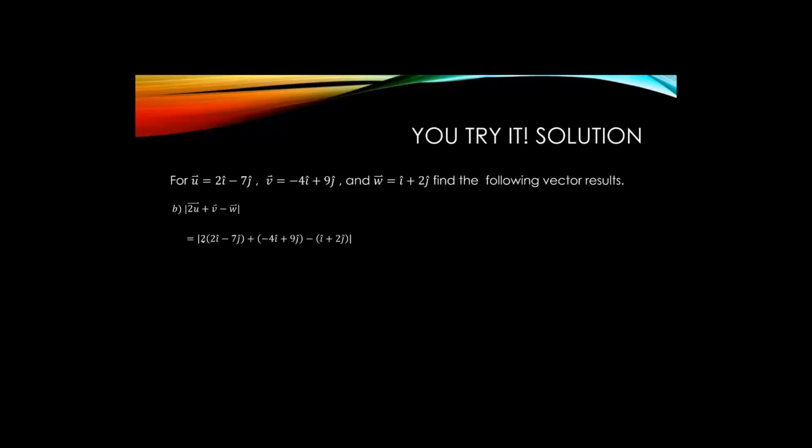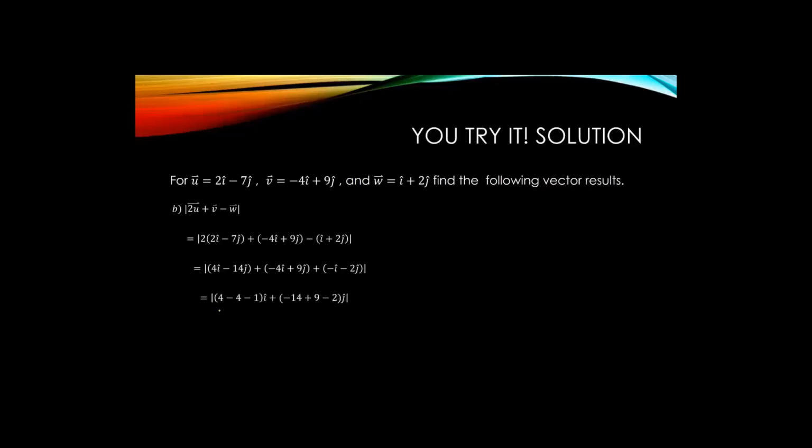I'm finding the magnitude of 2 times the vector 2i hat minus 7j hat plus the vector negative 4i hat plus 9j hat minus the vector i hat plus 2j hat. Again, I use my distributive property and collect like terms. This becomes the magnitude of the vector 4i hat minus 14j hat plus the vector negative 4i hat plus 9j hat plus the vector negative i hat minus 2j hat.